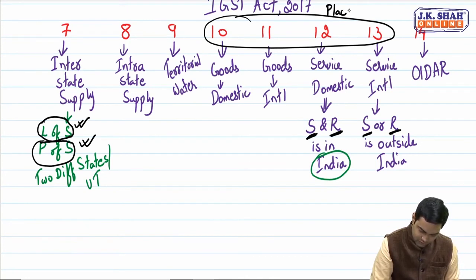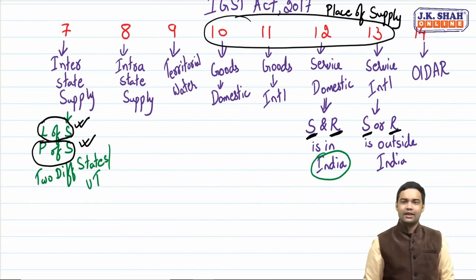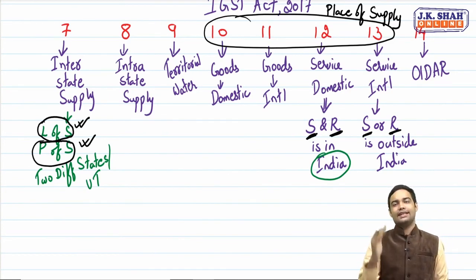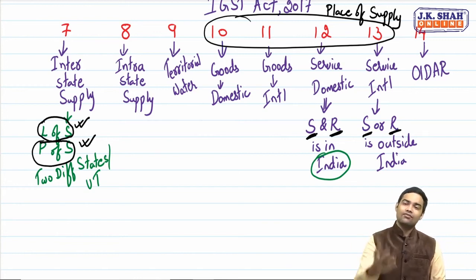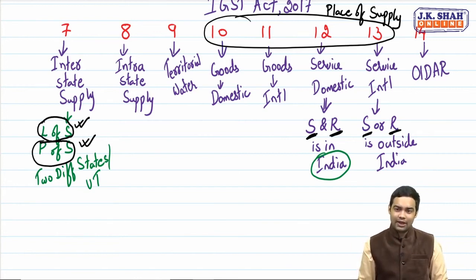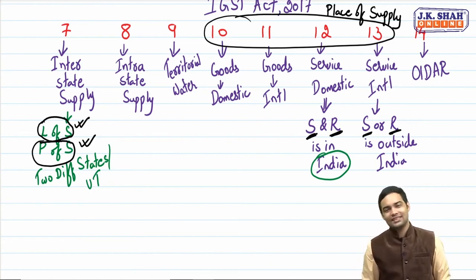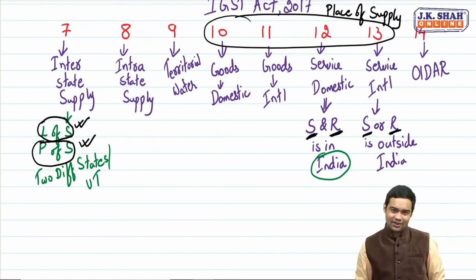These four provisions help to determine place of supply. So place of supply comes from sections 10, 11, 12 and 13, while location of supplier would be identifiable. But how do you identify which out of these will you apply? For that you will have to check where is the supplier, where is the recipient. As we discuss more and more examples, you will be very clear on this.